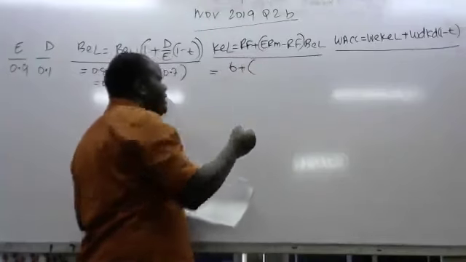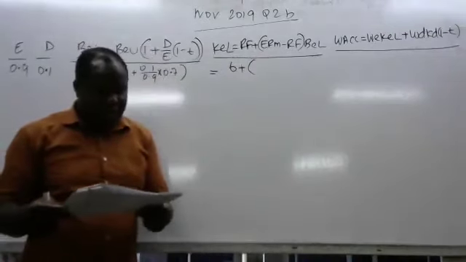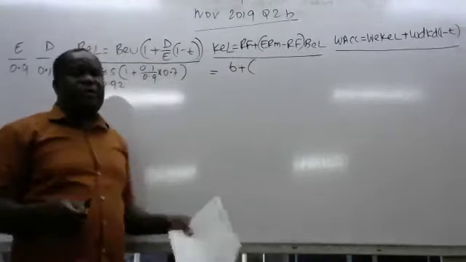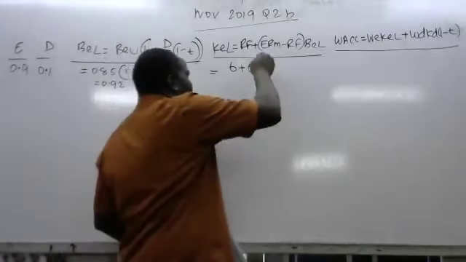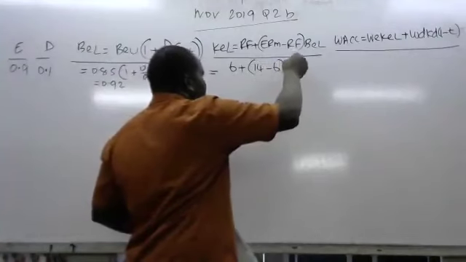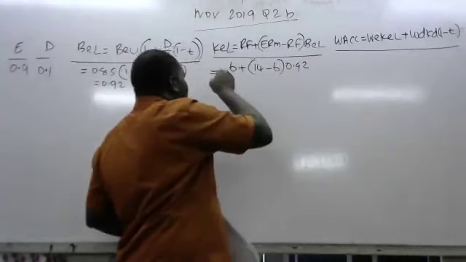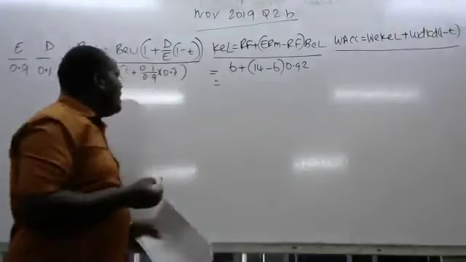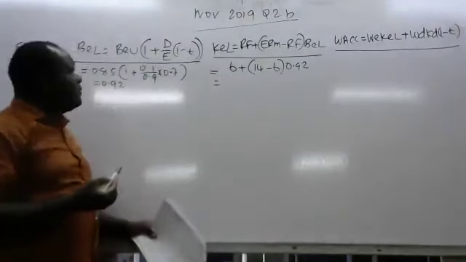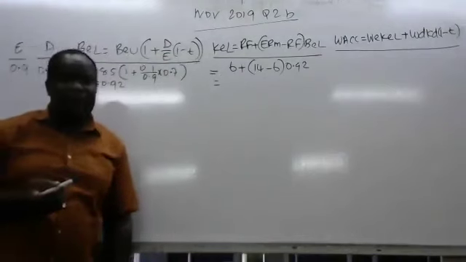Then we add the expected return for the market, also given in note number 3, which is 14, minus 6. Now the beta factor is 0.92, like that. So that we now come up with what is supposed to be the cost of equity for the Libert family.